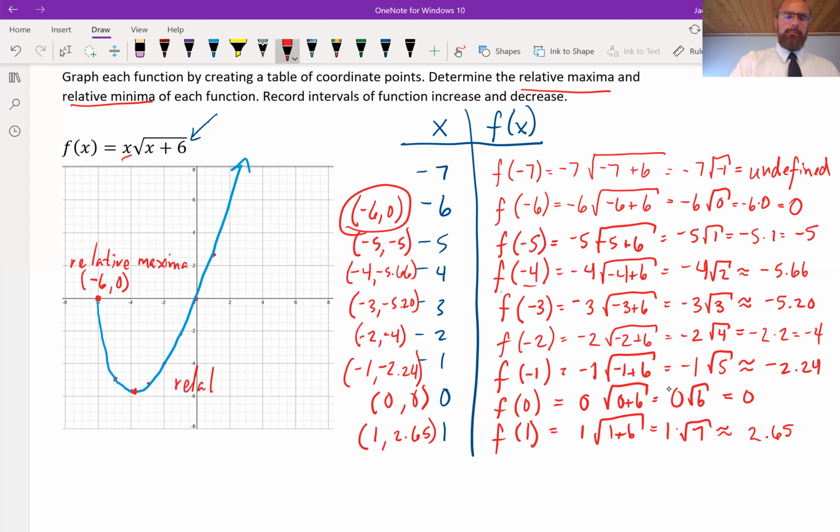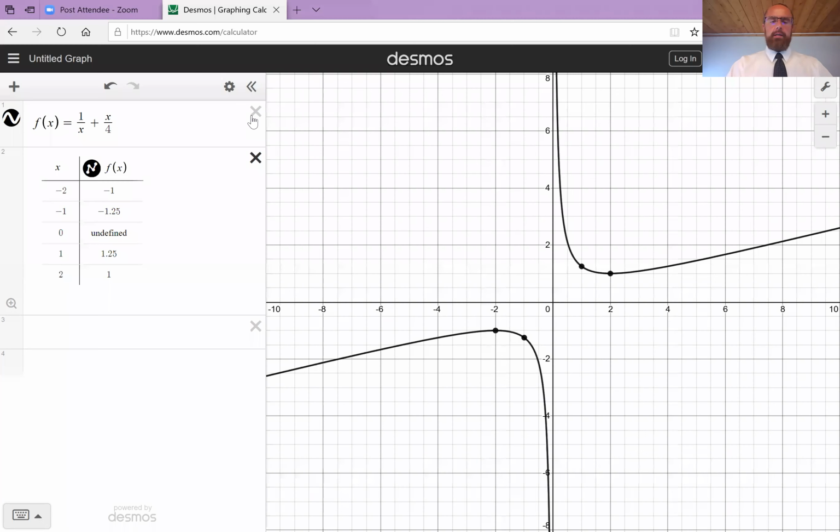Now my hypothesis is that that is at the x value around negative 4, but to make sure, I'm going to head over to Desmos to use that graphing feature and see. So let's clear out this previous function that we'd graphed, and we'll type in f of x equals x times the square root of x plus 6.